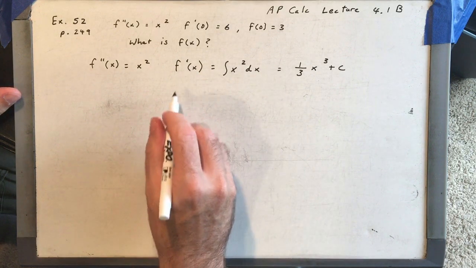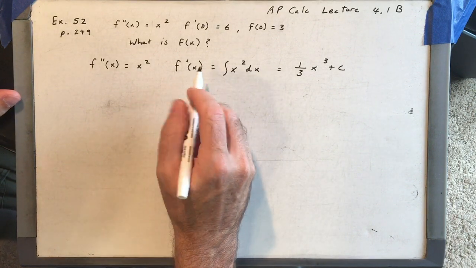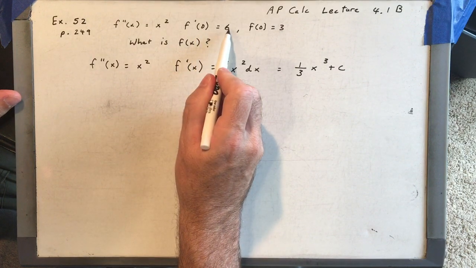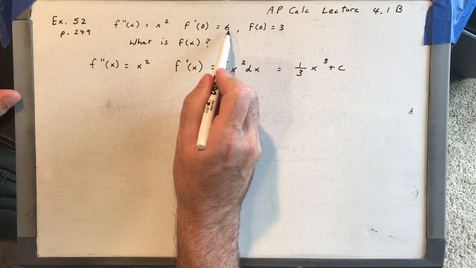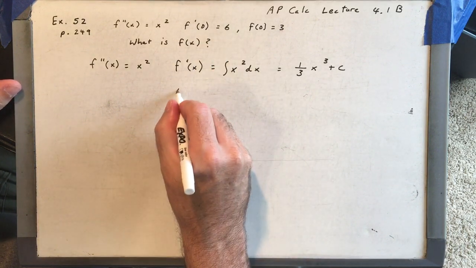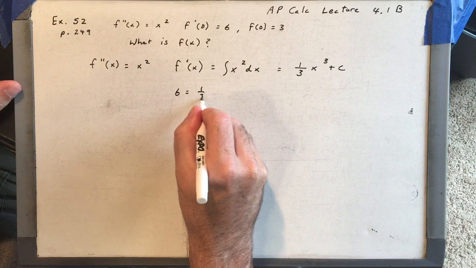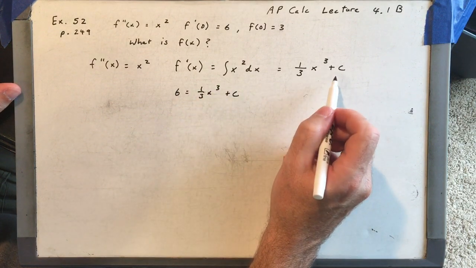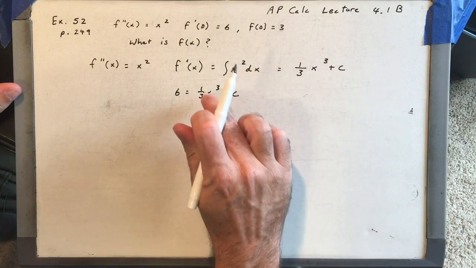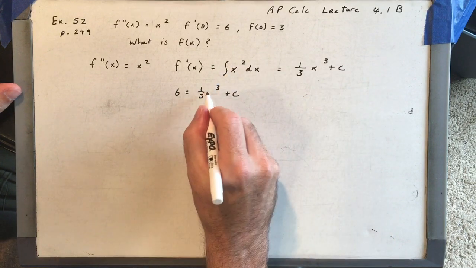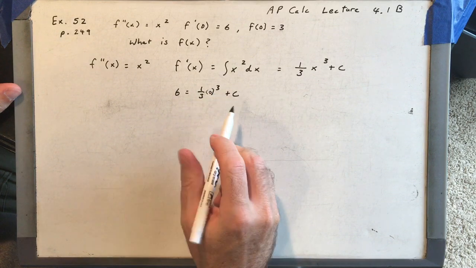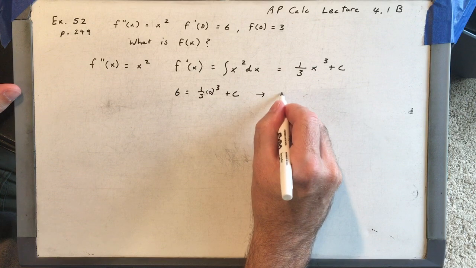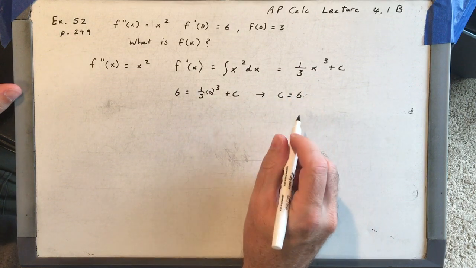For this function, when x is 0, y is 6. So I would have 6 is equal to 1/3 x cubed plus c, and x is 0. So we plug 6 is y, 0 is x. That means c is equal to 6.